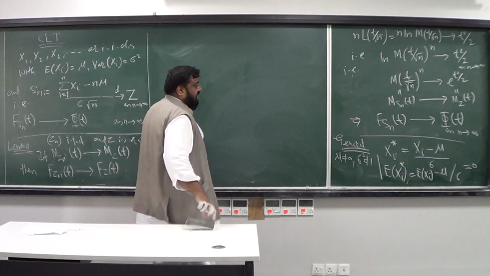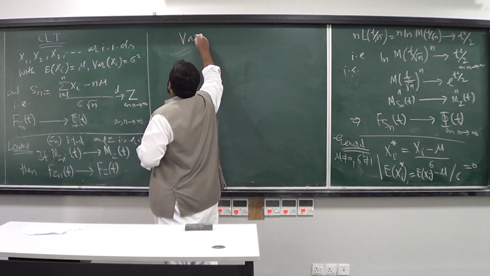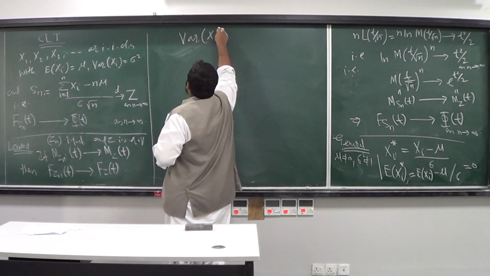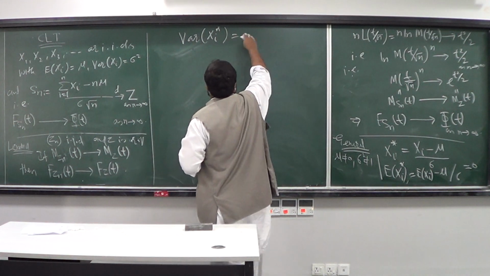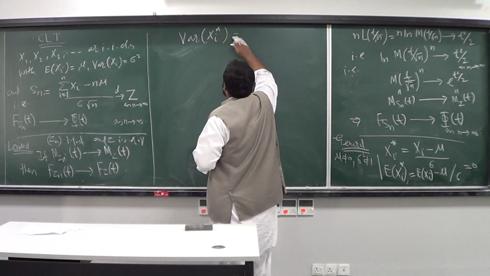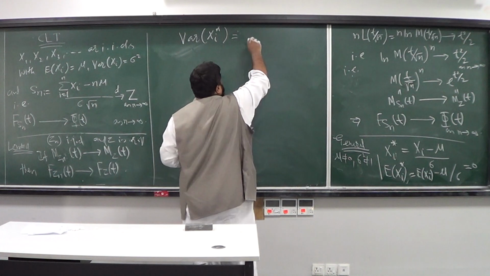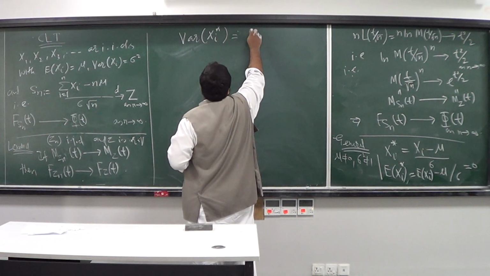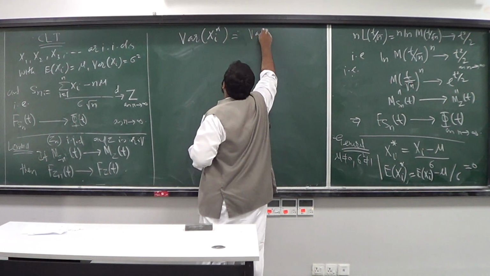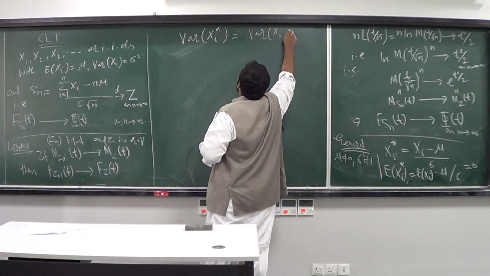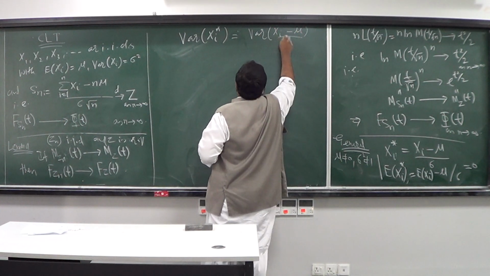Let's compute the variance of xi star. The variance of xi star is the variance of xi minus mu, divided by sigma.